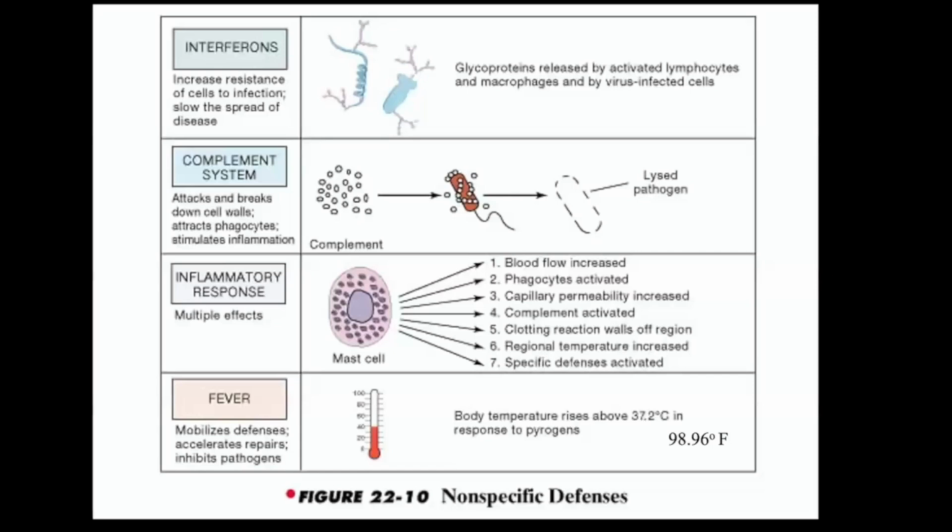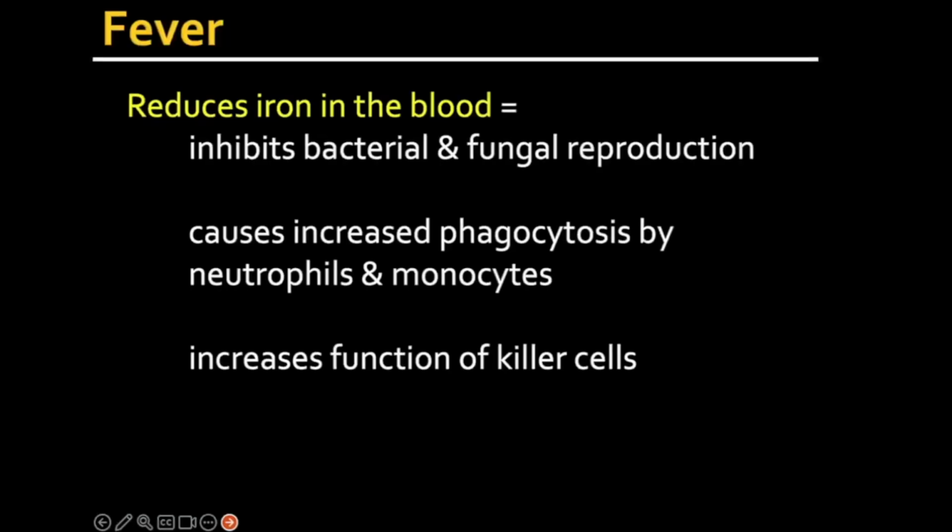I looked up on the bottom here, body temperature rising above 37.2 centigrade. And I looked up last night, that's 98.96 Fahrenheit. That's not very much above normal body temp, but that's all it takes to help the immune system here. So let's talk about what fever does.